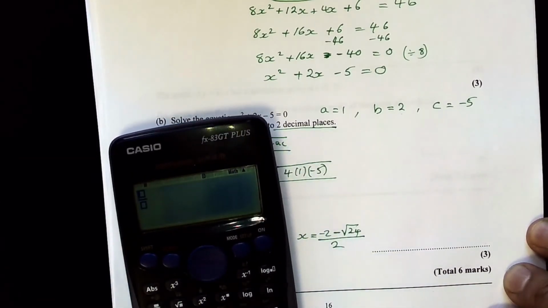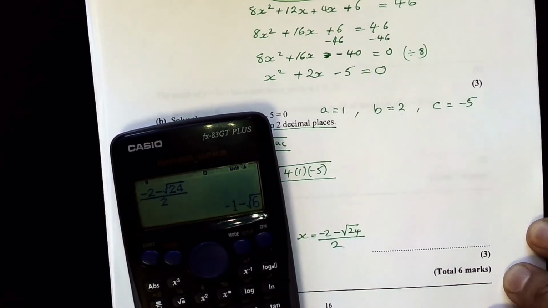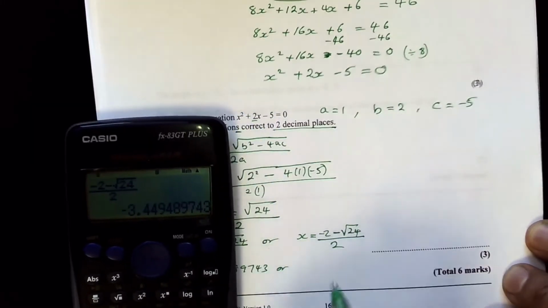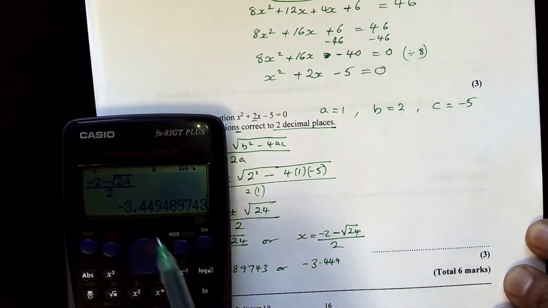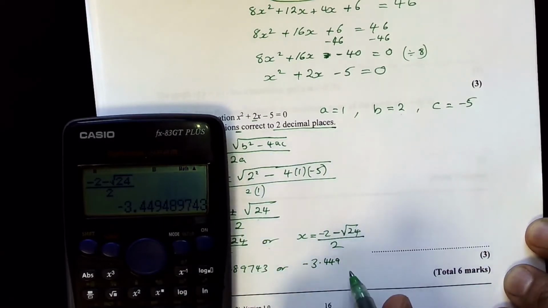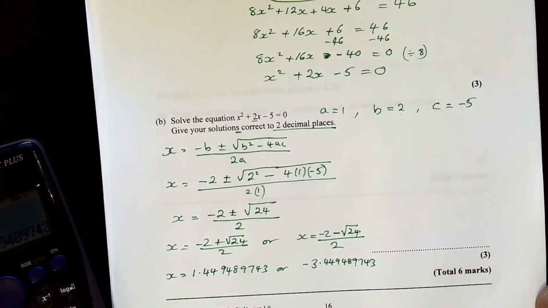So again, fraction button, minus 2 minus the square root of 24 all divided by 2, and this time it gives me x is equal to minus 3.449743.